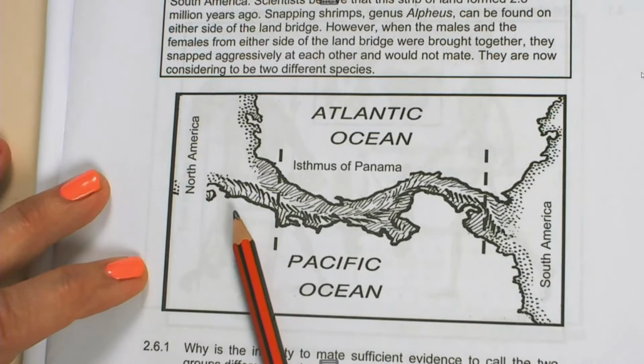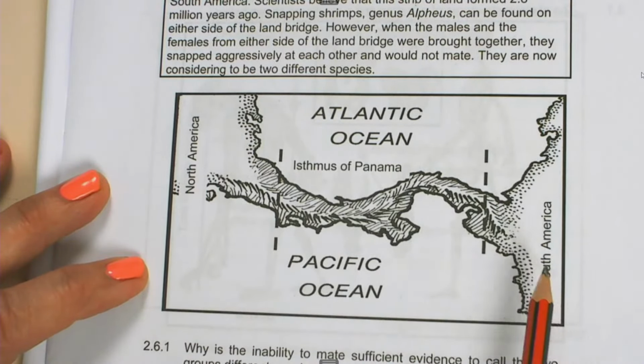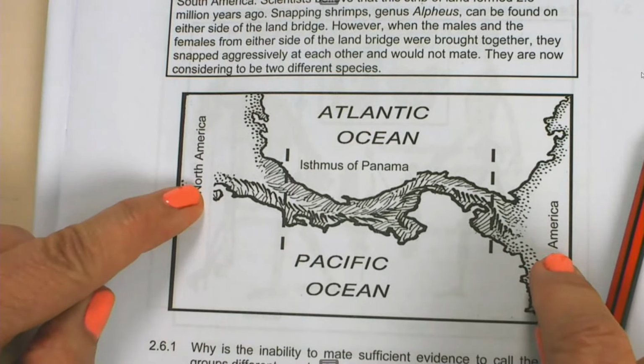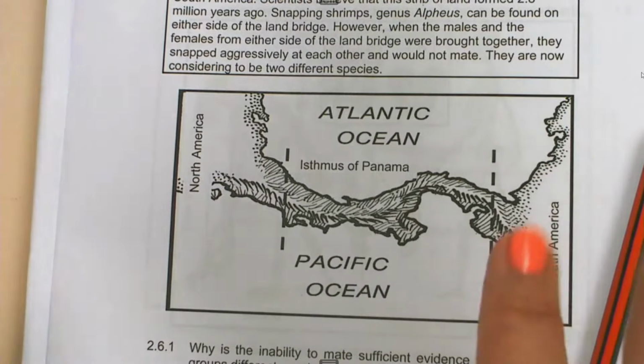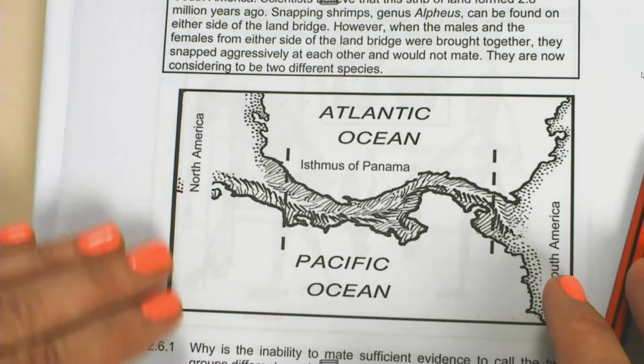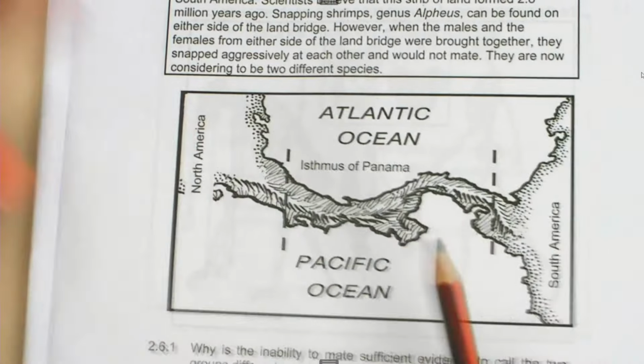Mention which two populations: the population of North America and the population of South America, because now we have divided it. Or if it was island 1 and 2, then we indicate the two shrimp populations cannot interbreed in island 1 and island 2 because of the geographical barrier.